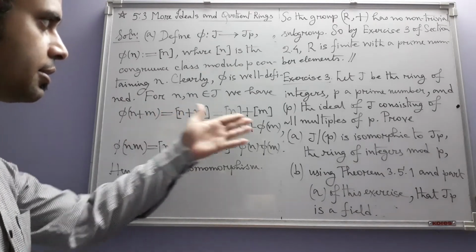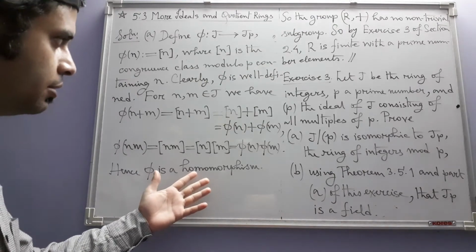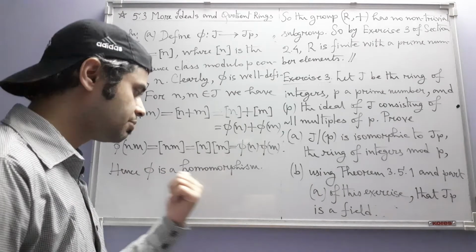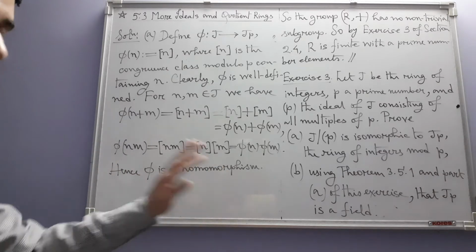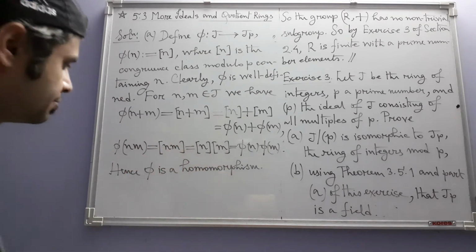If we are in a part of mathematics where rings are not the only type of structures, then we have to mention specifically that something is a ring homomorphism or a group homomorphism, or maybe a linear transformation between two vector spaces. So those things have to be specifically mentioned. But here it's just homomorphism means ring homomorphism.